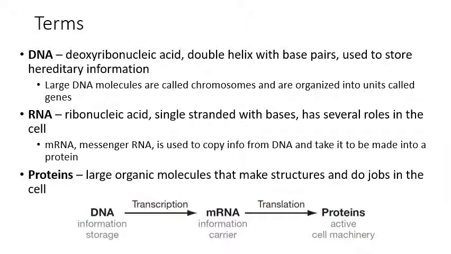So let me go into more detail on some of these terms. First, DNA. We've probably all heard of DNA. DNA stands for deoxyribonucleic acid, which is kind of a fancy word. Its structure is the double helix with the base pairs, and its function is to store hereditary information for organisms and to transmit it to offspring. DNA in organisms is always organized into large molecules that we call chromosomes.